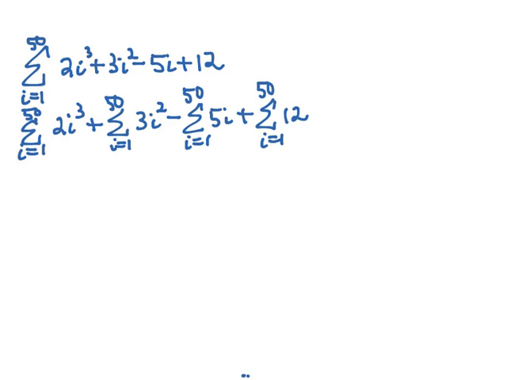The next property we're going to use is property number 2, which says if we have a constant multiplied times our summand, we can factor that constant out.